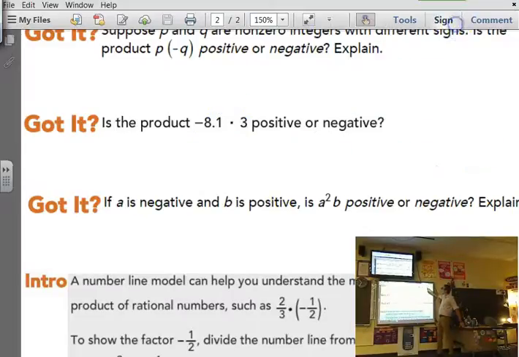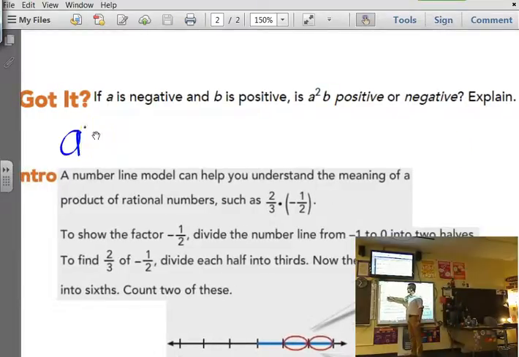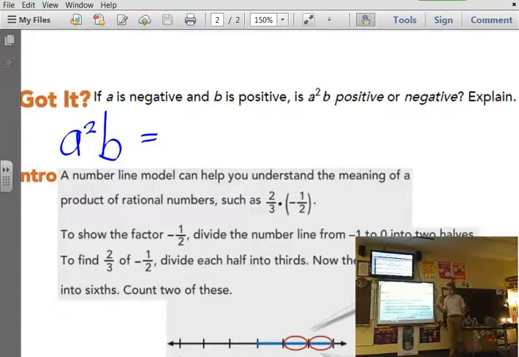So real quickly, a power is used like multiplication is used. Multiplication is repeated addition, right? Powers are repeated multiplication. So all you really need to help you on your homework: a squared really tells you multiply a twice.